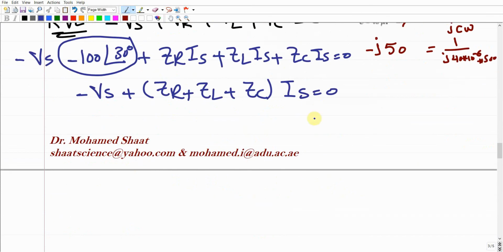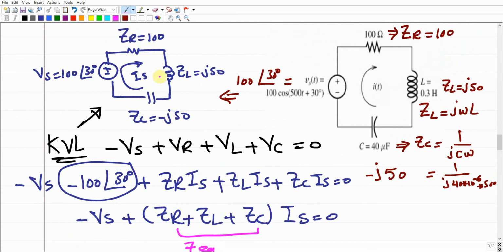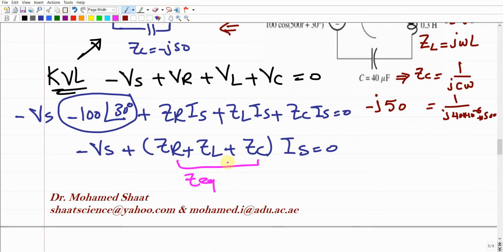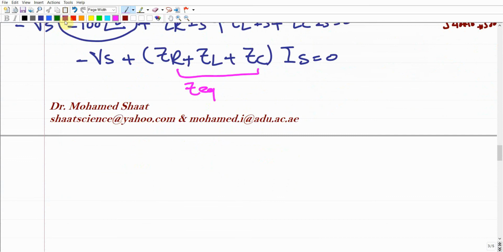If I ask you to solve this equation for Is, let us call this term Z equivalent. This is like equivalent resistance, because according to chapter 2, if these are 3 resistors, they are in series, right? And the equivalent of these 3 resistors should be Z equivalent, their sum. So if we give this a name, Z equivalent, what should Is be according to this equation?